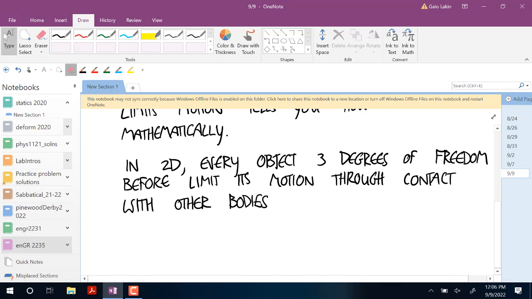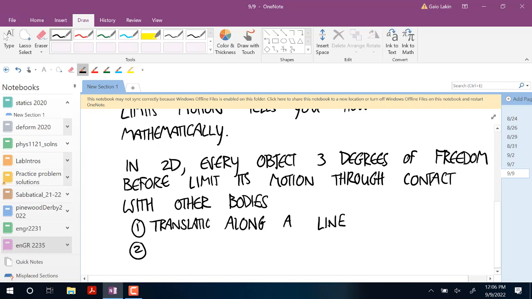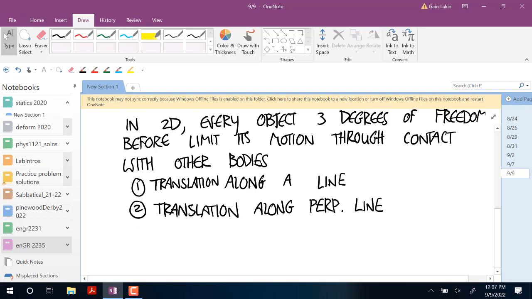These 3 degrees of freedom are motion along one line, and by motion, you can also think of it as translation, which is a little more specific, translation along a line; translation along a perpendicular line; and rotation.